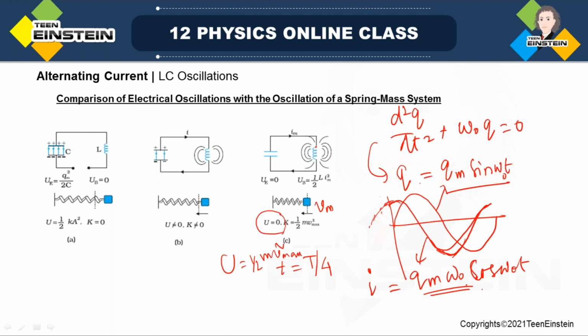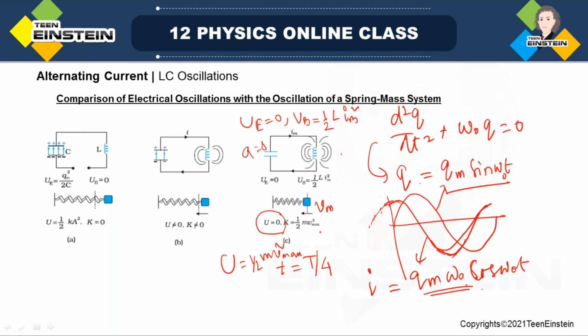Same situation over here when the capacitor is fully discharged. There is no charge over here, then the current is maximum in the circuit. Since there is no charge, there will be no electric potential energy stored in the capacitor, so it is 0. So the whole energy will be magnetic energy, given by half L I_m square, with maximum current in the circuit.